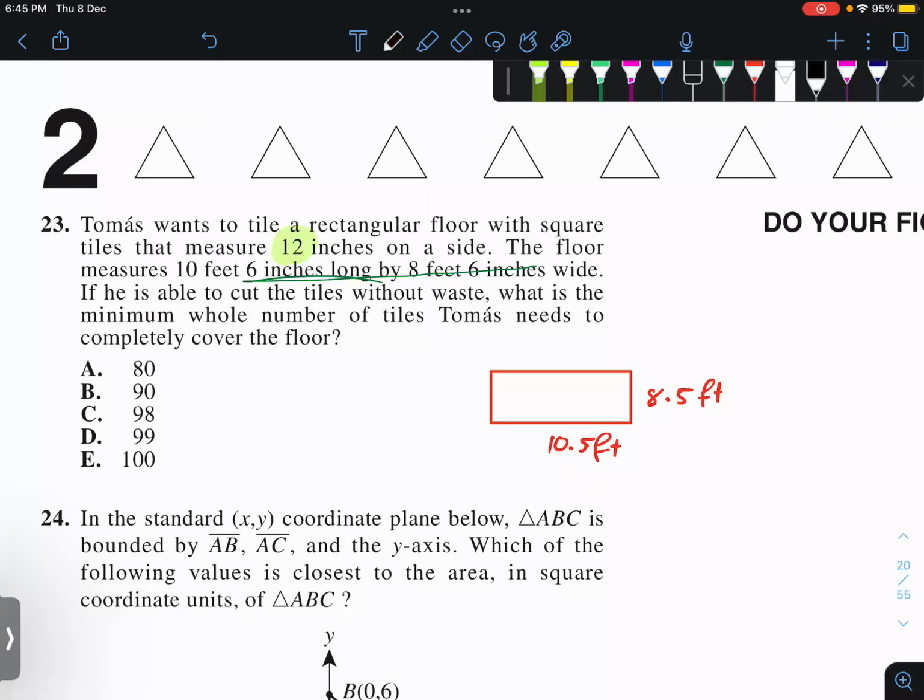Okay, the square is 12 inches, so we can say that it's 1. What is the minimum number of tiles needed to completely cover, if you're able to cut the tiles without waste? So we should multiply 10.5 by 8.5.